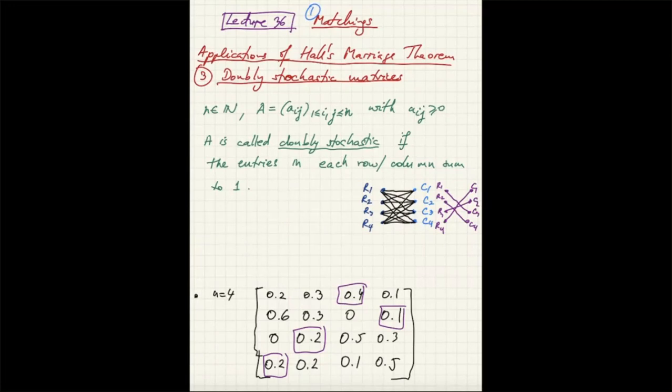Okay, so what we could do here is we have our matrix A. We look at these entries in this transversal, and the smallest of them is 0.1. So we create a permutation matrix, let's call it P1, in which we put ones corresponding to these non-zero entries that we found.